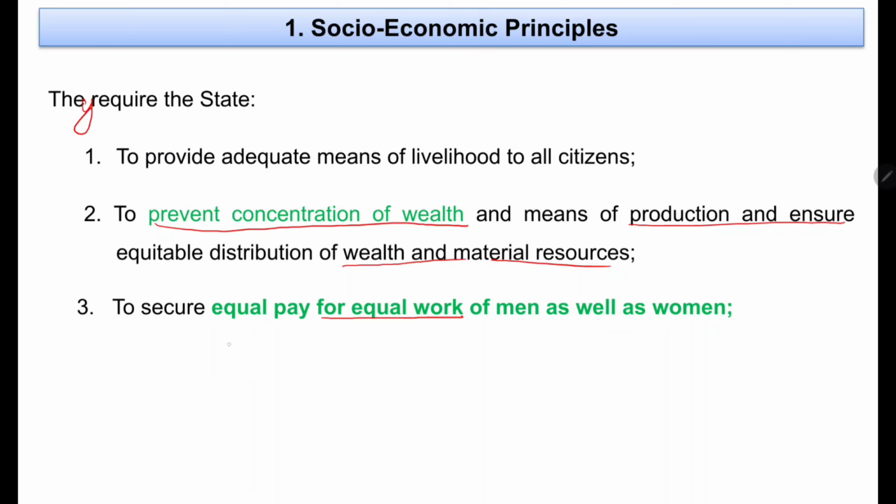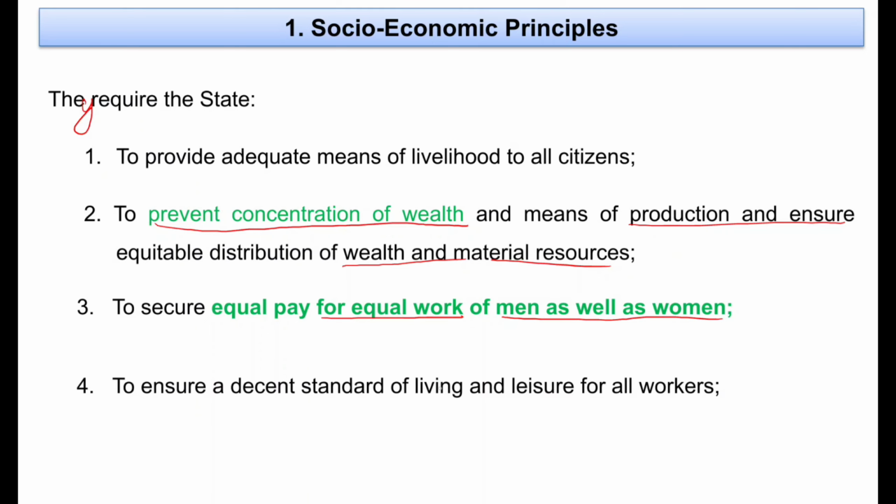Like usually our society has witnessed that if a man does work for 8 hours, suppose for example he is being paid 200 rupees, but the same work which has been done by a woman, the woman will be paid only 100 rupees. So there was discrimination in that way. Now such discrimination should not be there and equal payment should be there for equal work for both men and women. I hope you have understood this point, and this is a very important point as well.